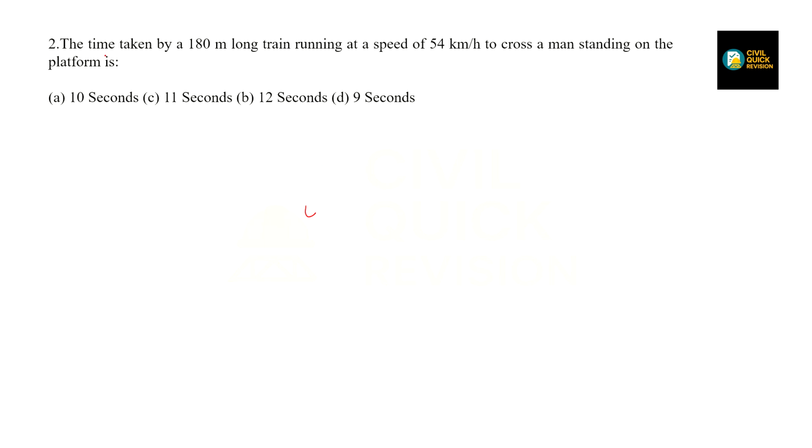The time taken by a 180 meter long train running at a speed of 54 km per hour to cross a man standing on the platform. Okay, you see, a train whose length is given as 180 meter and its speed is 54 km per hour.